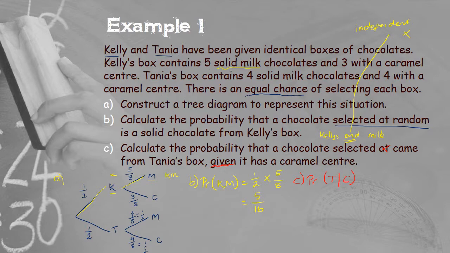Now when we're setting this up, our first part is always what it is that we're wanting to find the probability of. This T is what we're trying to find the probability of, and it wants us to calculate the probability that a chocolate selected came from Tanya's box, given, this is our given sign here, that it has a caramel center.